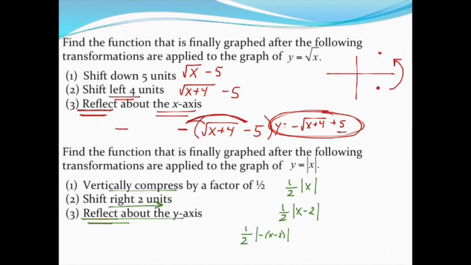So I need to, again, distribute that negative to everything inside to perform a reflection over the y-axis. So my final answer, once I do that, may look like this. 1/2 times the absolute value of negative x, now plus 2. Plus 2. And then once again, I'll throw my f of x, or y equals in front, and there we have our transformed equation.